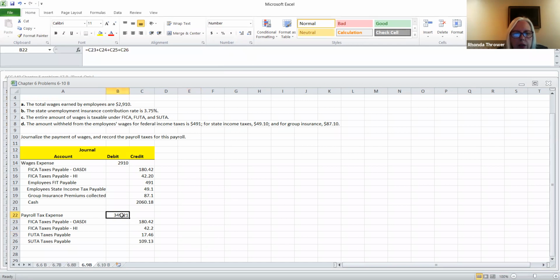And then this would be the total of all of these added together, which is your total payroll tax expense. Your payroll tax expense is debited because expenses go up on the debit side, and it's for the amount that the employer put in as far as taxes were concerned.